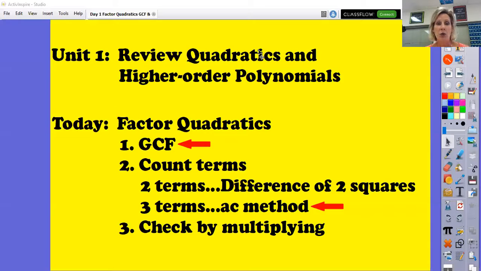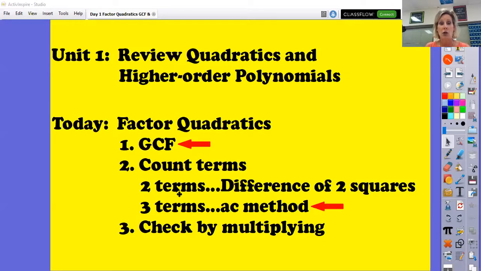So I want to remind you, when you're factoring any polynomial, but in particular quadratics, you start with looking for a GCF. You see number one is GCF. Now, after you get the GCF or you determine that there is not a GCF, then you count terms to decide what kind of factoring should I do next.